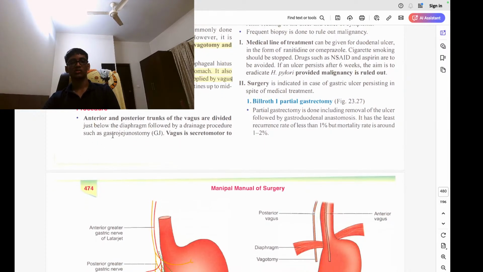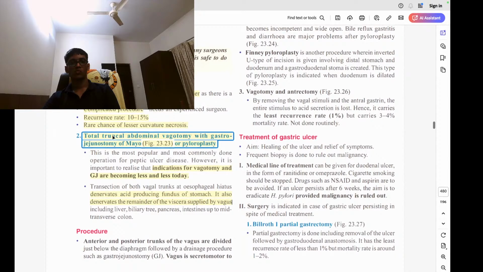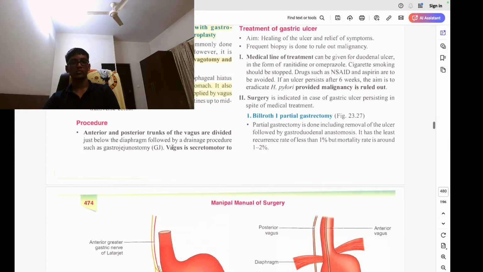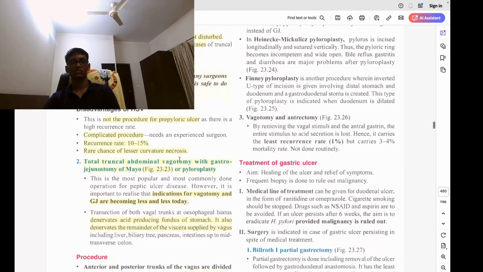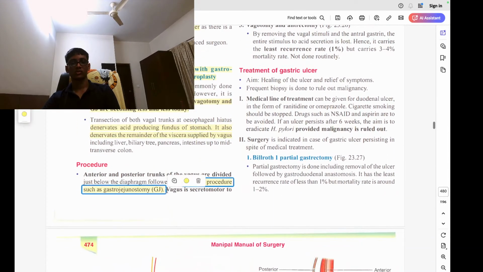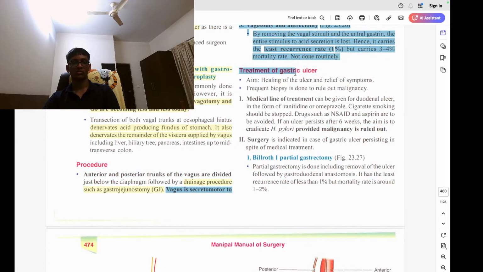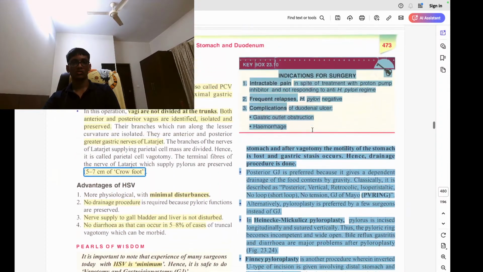such as gastrojejunostomy. The drainage procedure is gastrojejunostomy.